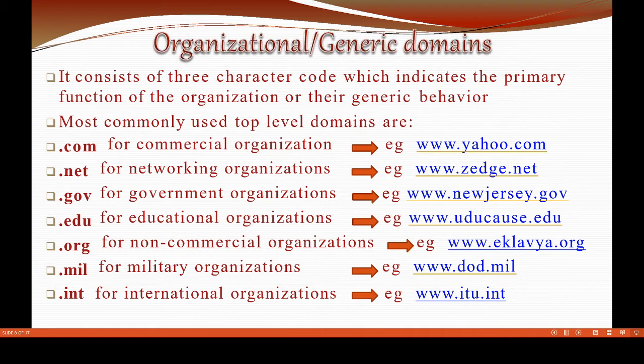And .org for non-commercial organizations like www.eklavya.org. And .mil for military organizations, www.dod.mil, and .int for international organizations, for example www.itu.int, like that. This is the organizational generic domains.